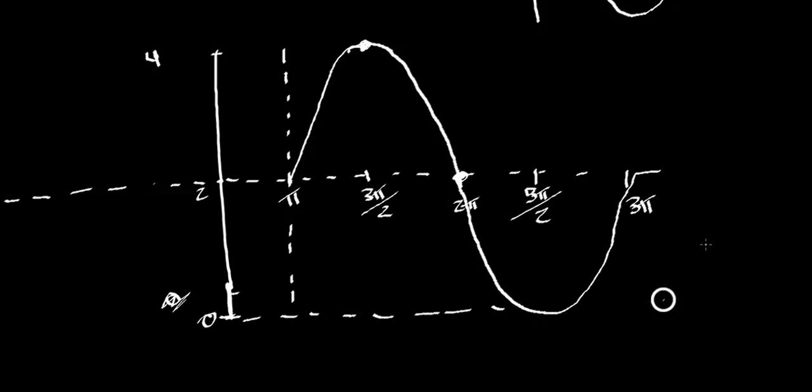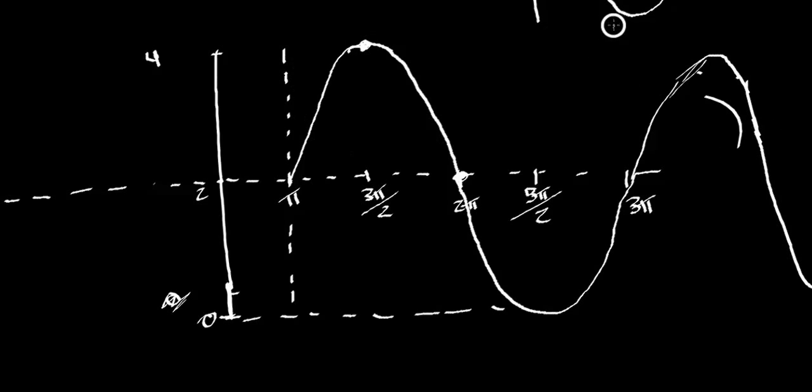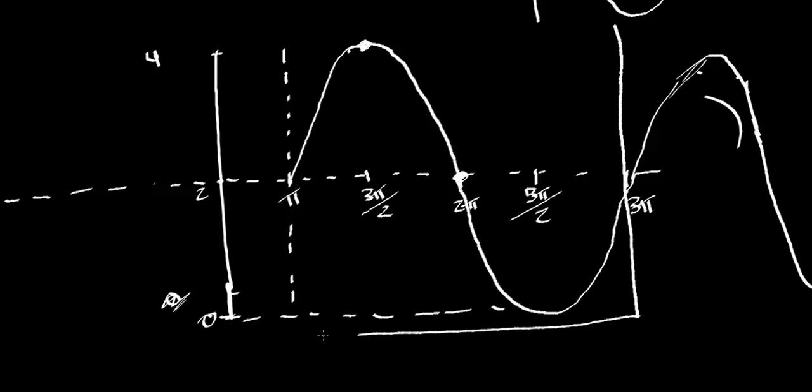Okay, so our graph looks something like this, and you can continue on and on. And it would go on like that. But you got your first period. This is our first cycle, or period, or whatever.